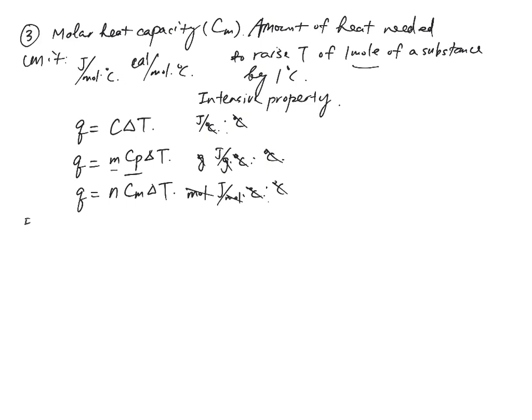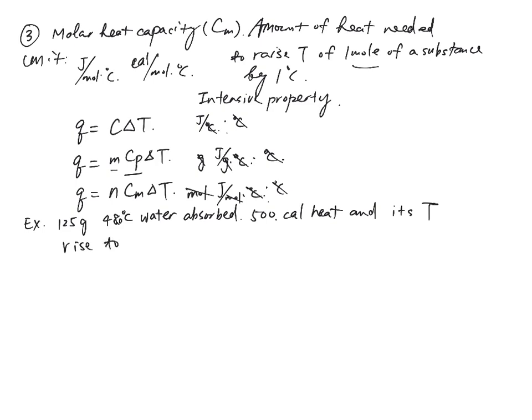So take a look at this very simple example here. 125 grams of water at 48.0 degrees Celsius absorbed 500 calories of heat, and its temperature rose to, oh, not 48, 52.0 degrees Celsius.